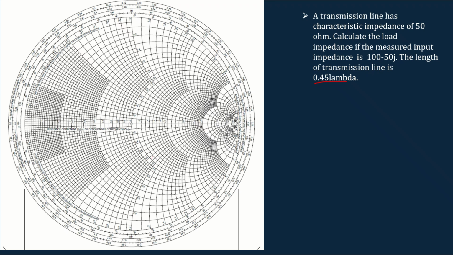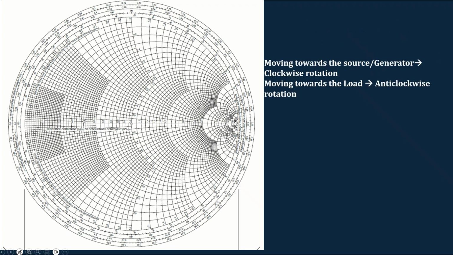That will be your load impedance. I hope you get some idea about what is meant by wavelength towards load and why it is so important when you are dealing with these types of transmission line systems.